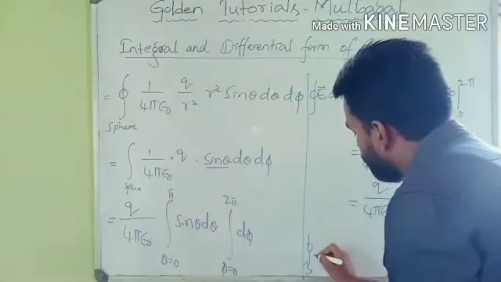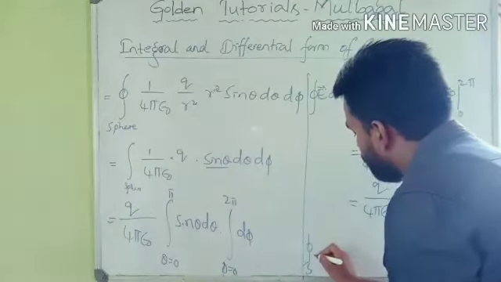I hope you understood. Now we can readily turn this integral form of Gauss law into differential form. Let us see how we can convert this integral form into differential form. For that we need to use the Gauss divergence theorem, and I hope you are familiar with it.